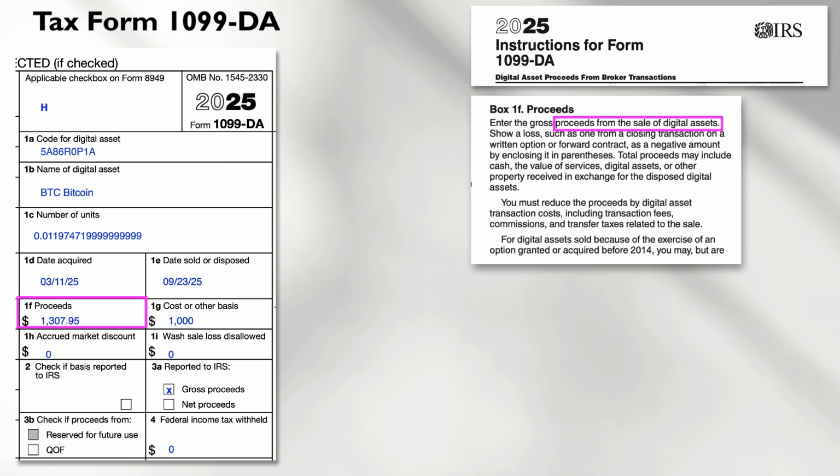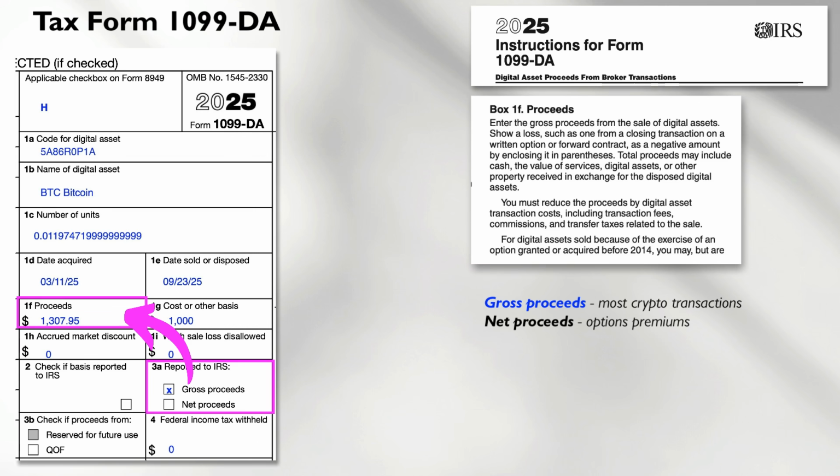Box 1F shows the proceeds from the transaction. This is the total amount you received from the sale. Box 3A will indicate whether the amount shown in Box 1F is gross or net proceeds. Most people will see gross proceeds unless the transaction involves more complex transactions like options premiums.